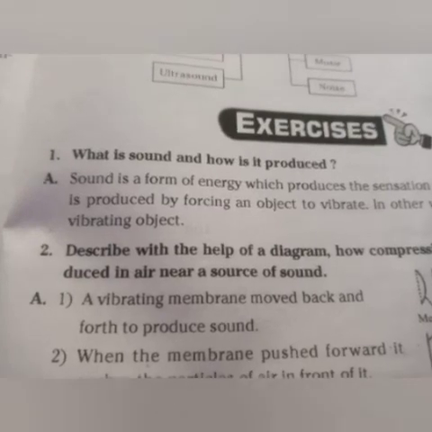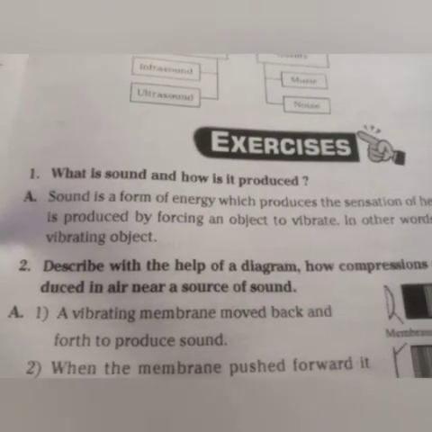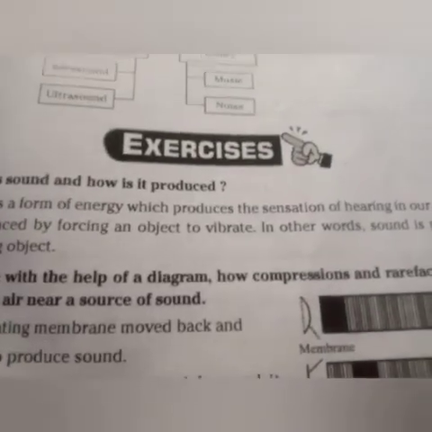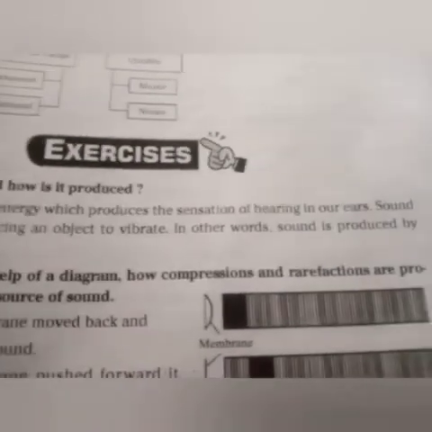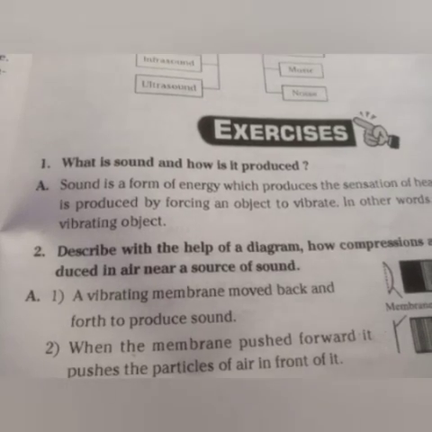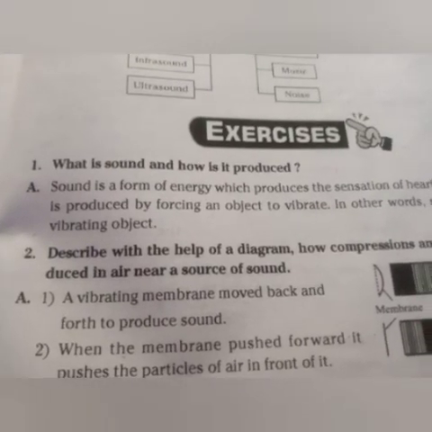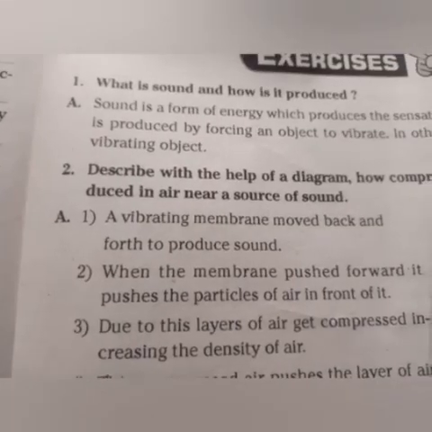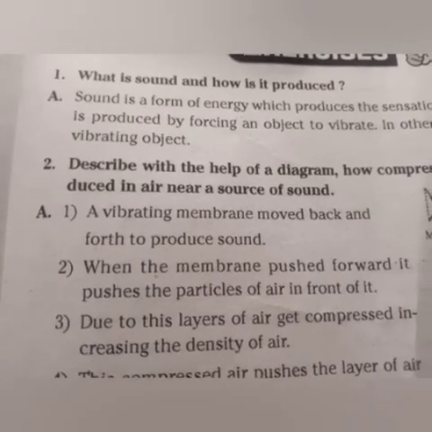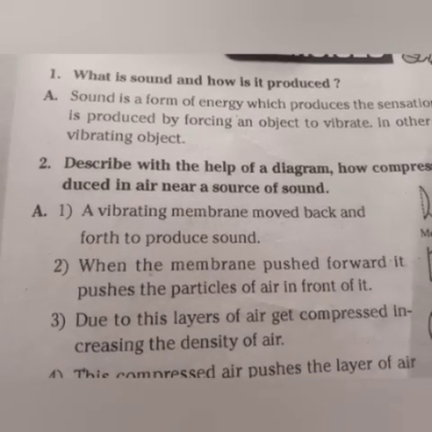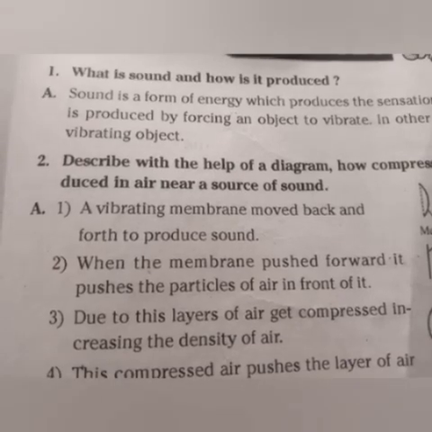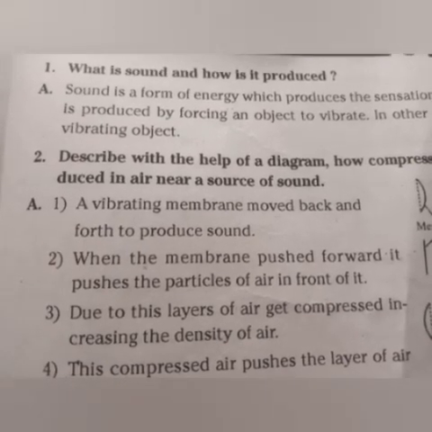Second question. Describe with the help of a diagram how compressions and rarefactions are produced in air near a source of sound. Answer. First one. A vibrating membrane moves back and forth to produce sound. Second point.